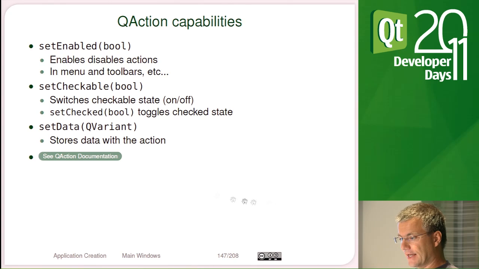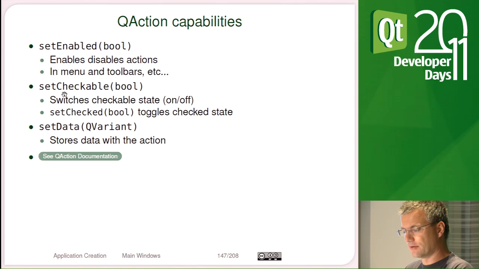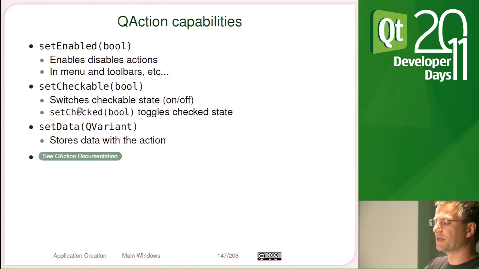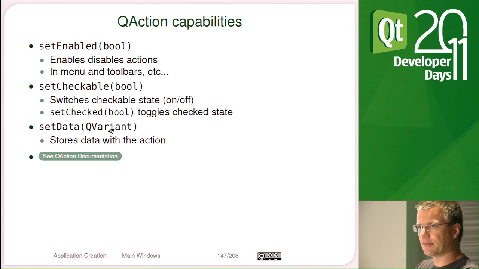Of course, we can enable or disable the action. We can make it checkable or not. And we can attach some additional data to it. Everything that fits in a QVariant can be attached to an action.